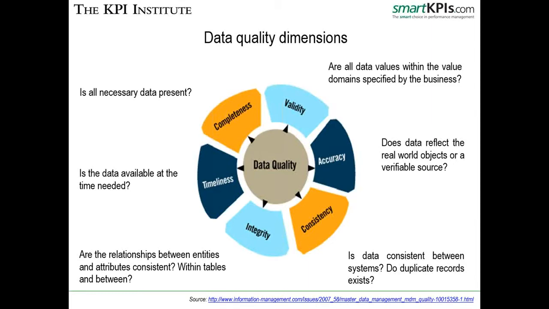And here we need to review several dimensions, such as if all the data which needs to be analyzed is available, if the data is provided at the time needed, if all the data values within the value domains are specified, if the data reflects the real world objects or verified sources, and so on.